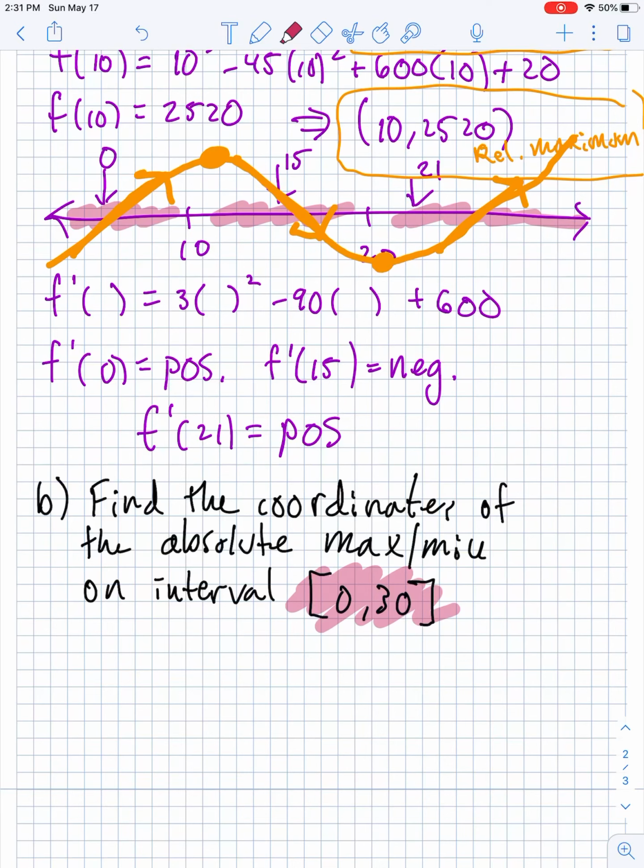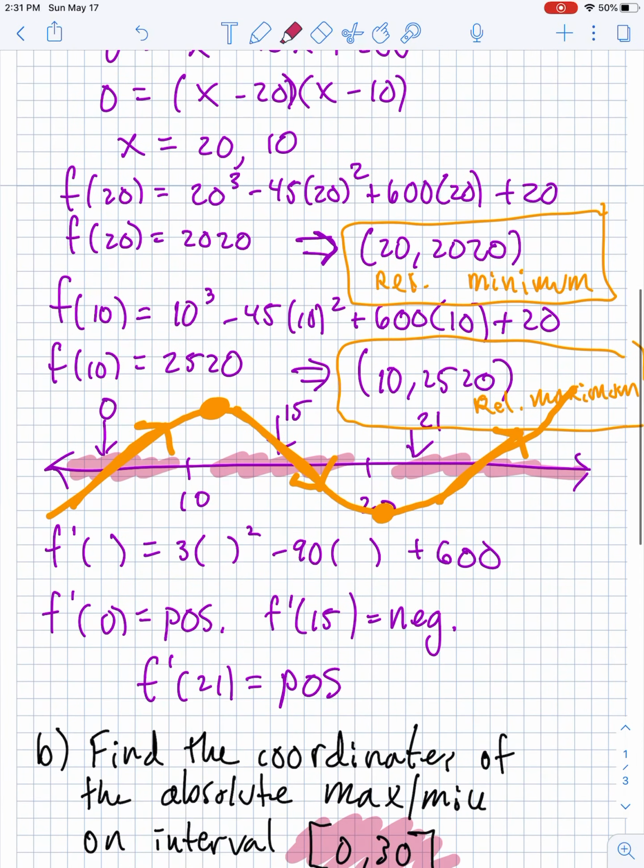But because they restrict it on that 0 through 30 only, that means we have to plug in 0 and 30 into the OG function to get what coordinates would be associated with that, because both of these are x values. We need the y values that go with them, and then we're going to check if those y values are bigger or smaller than these y values here that were on the stationary points.